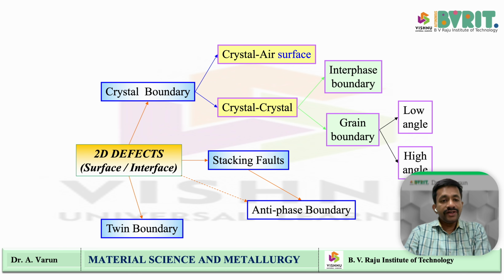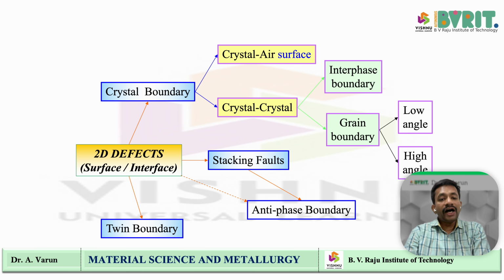Then, when it comes to surface defects, we have many, but a few important ones can be noted down. That is crystal surface, interface boundary, grain boundary. The grain boundary, which is very popular in the microstructure in metallurgy, is also a kind of defect, and it comes under surface defects.